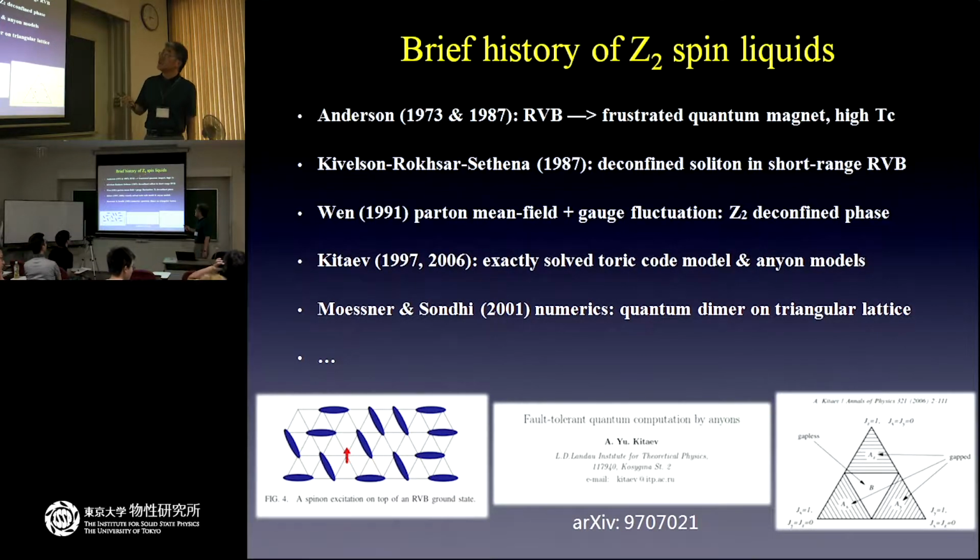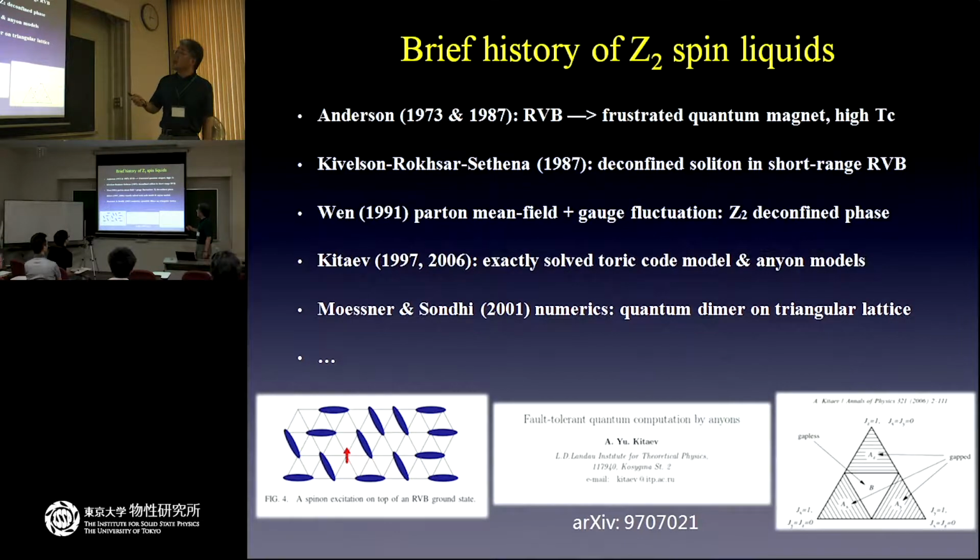The quantum spin liquid was proposed in 1973 by P.W. Anderson. He proposed RVB states to describe frustrated quantum magnets. In particular, these RVB states can be regarded as a parent compound of high temperature superconductivity.